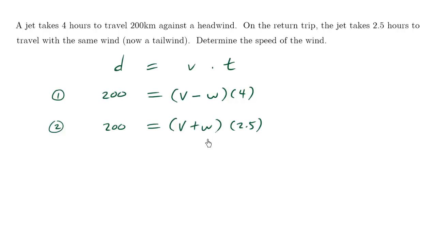It's going to be faster by the wind. Don't forget these brackets here. So the hardest part about these word problems is coming up with the two equations. Really concentrate, try to recognize the question type, and you should be okay. Once you set this up, the rest is just algebra. Determine the speed of the wind. We're trying to solve for w.